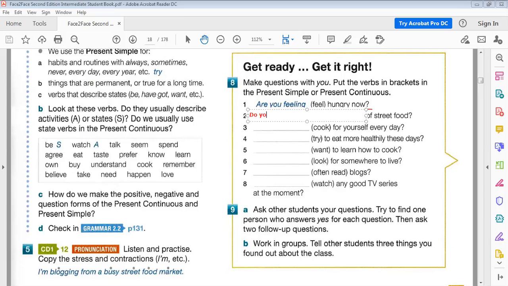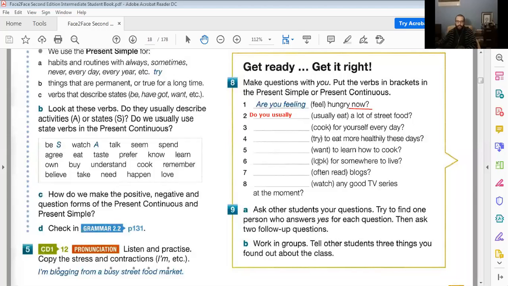Who thinks this answer is correct? Who agrees with Sana and who thinks maybe this is not right? What do you think? I think because it's usually, that's why I chose present simple. Okay. Do you think that's right, Malak? Do you agree?